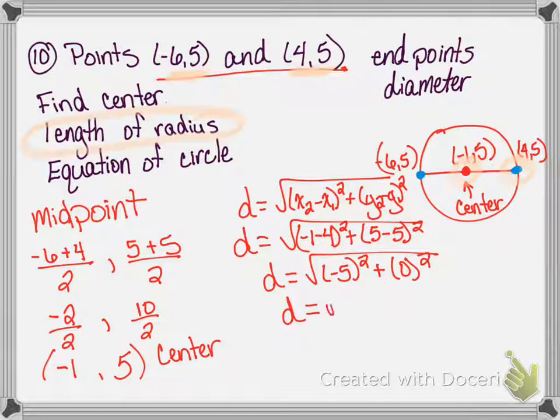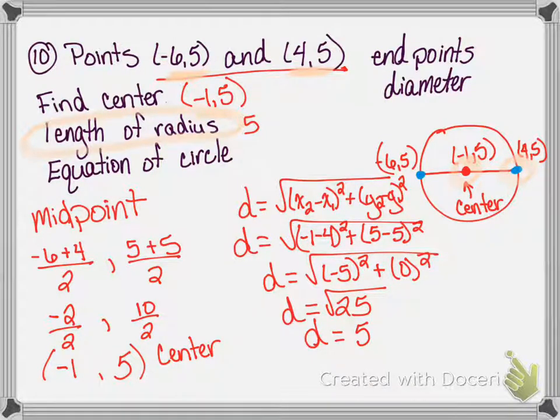So the distance is the square root of 25, and we know that to be 5. So what is the distance of my radius? It is 5. Okay? So now that I've got my center and the length of my radius, I can put this in the circle formula.